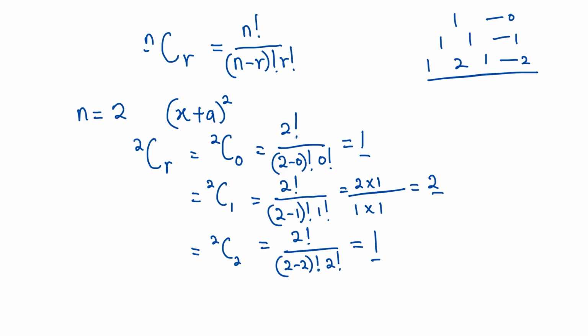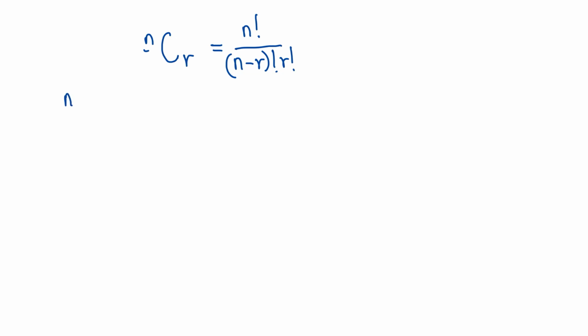We'll try another one when n equals 4. When n equals 4, remember r will move from 0 all the way to 4. So in the first instance, you have 4 combination 0, which is 4 factorial divided by 4 minus 0 factorial times 0 factorial.